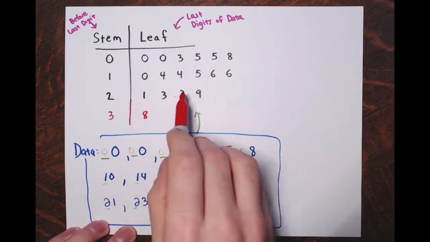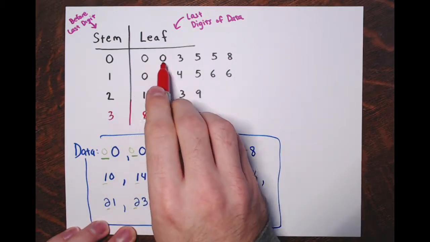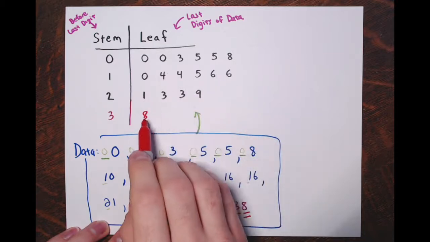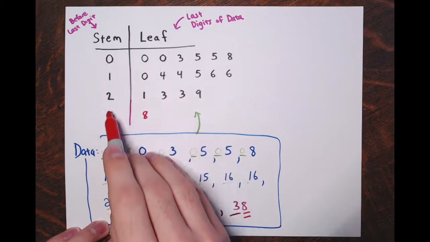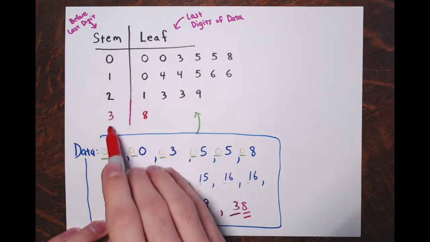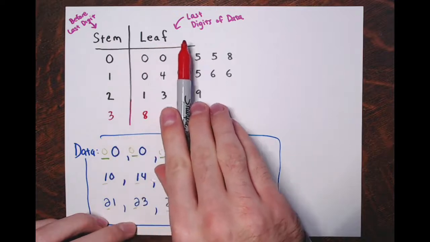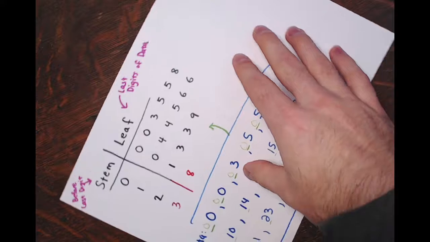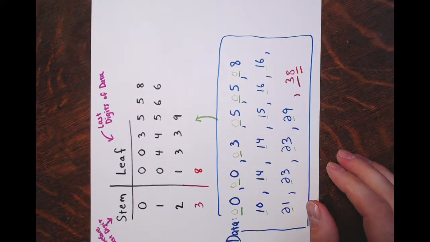And the leaves are typically written in numerical order. You see how it's going from lower to higher, 0 to 8, then 0 to 6, 1 to 9, 8. Same for the stems down the stem column; usually these are written least to greatest. The leaves are also lined up and stacked so that if I were to turn it this way, you can see which stems had more values in it.